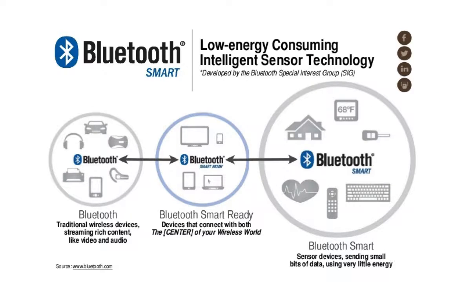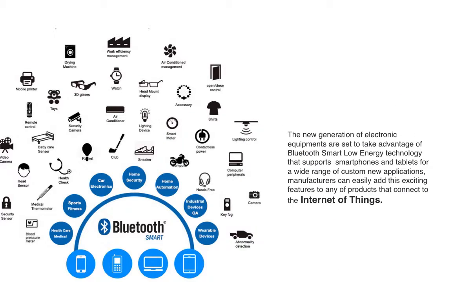Those are low energy, intelligent kind of sensors, and they are smart as they are aware of electronic equipment which can be subscribing to this protocol. Here, the potential of it is very, very large.